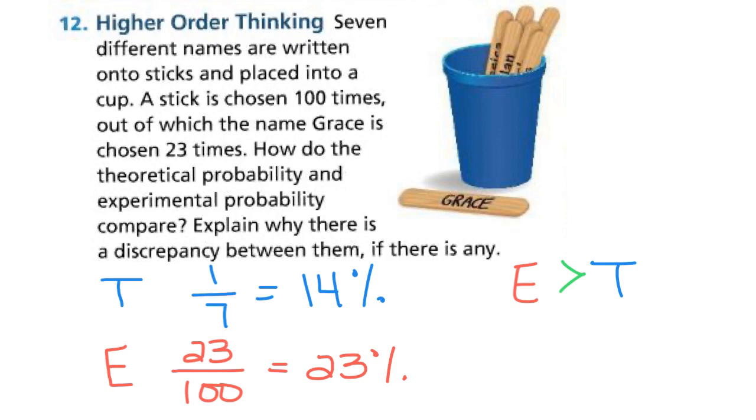This could be, 1, the amount of trials. There may need to be more trials done. It could also be maybe the cup wasn't shaken, so the sticks weren't random enough to be drawn. A few different factors regarding the experiment, but mostly going back to the number of trials.